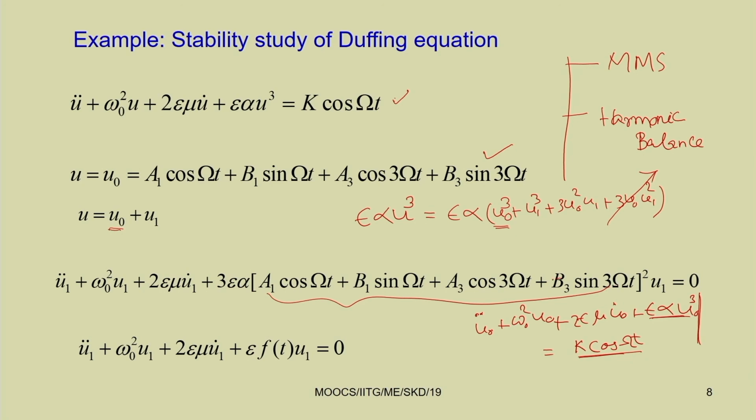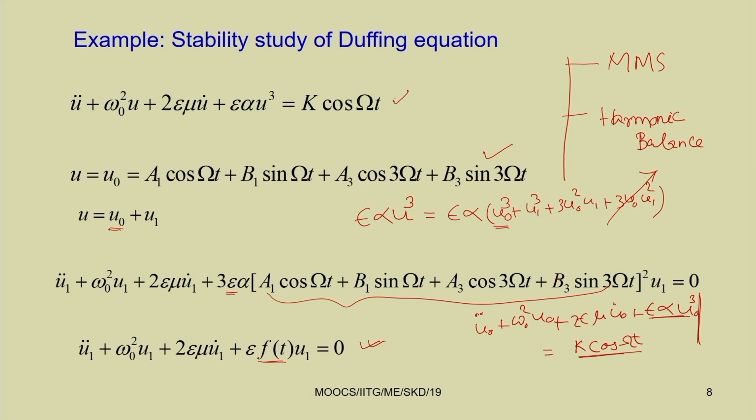These are all time varying terms, so I can put them equal to epsilon f(t) into u1. As this is an epsilon term, 3 alpha into u0 square can be written as f(t). So, this equation can be written in this form.